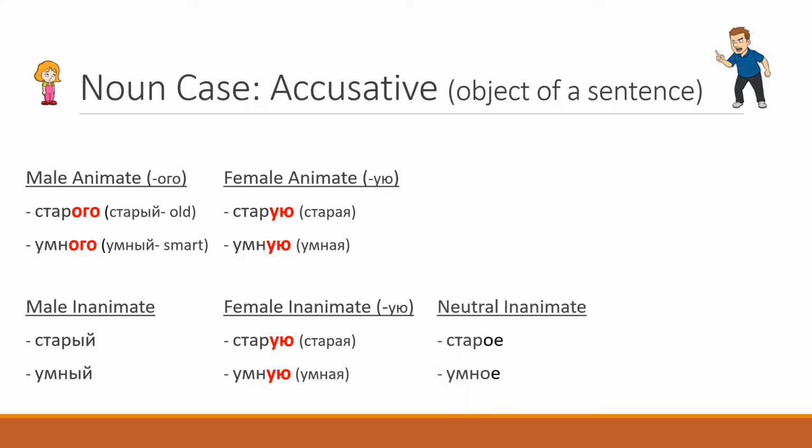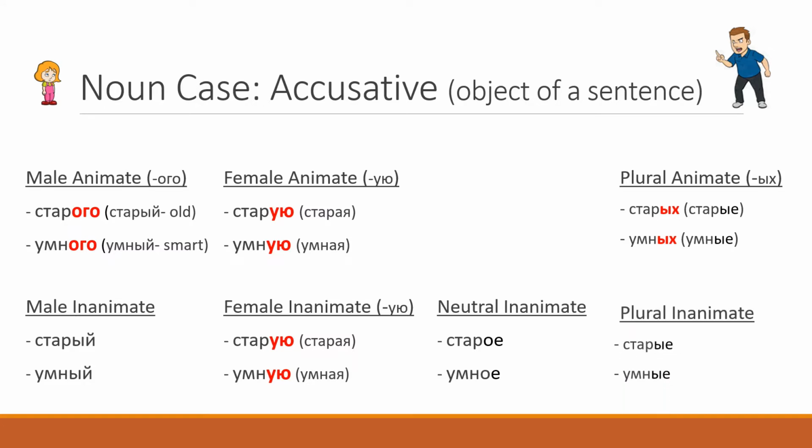Now for neutral, objects are always inanimate, and so the endings do not change. And then for plural animate objects, the ending is ich. So starije becomes starich. Umnije becomes umnich. And then inanimate plural, it doesn't change.